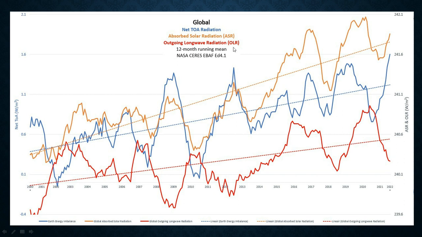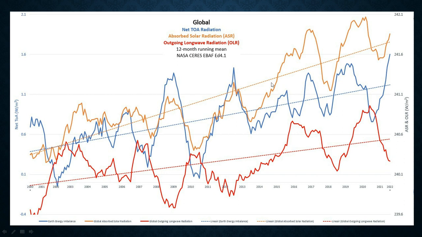Now, if you look at the top of the atmosphere radiation and the outgoing longwave radiation, remember, solar comes in on the UV side, where sunscreen protection applies, but after it's reflected and absorbed, it goes out on the infrared side of things. If you look at the slope for the top of the atmosphere radiation and the outgoing radiation, they're almost the same. Not exactly the same, but almost. But look at the absorbed.